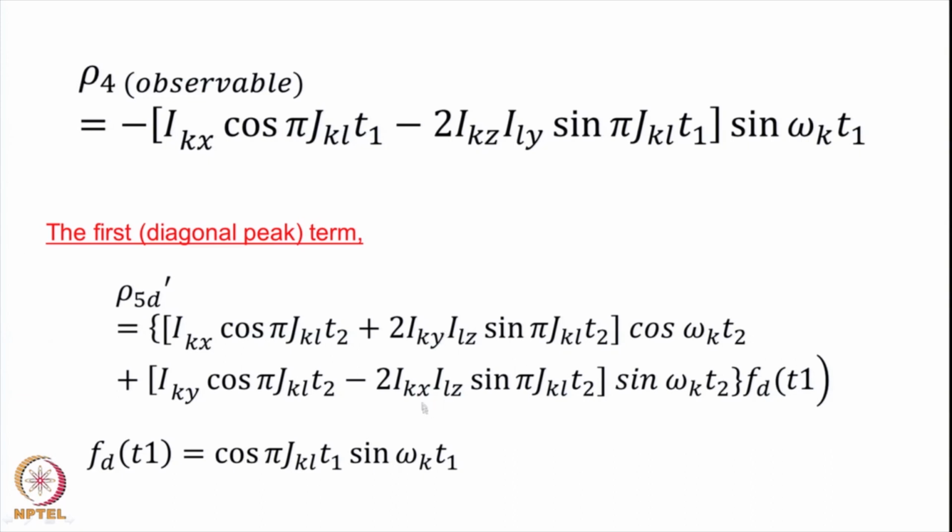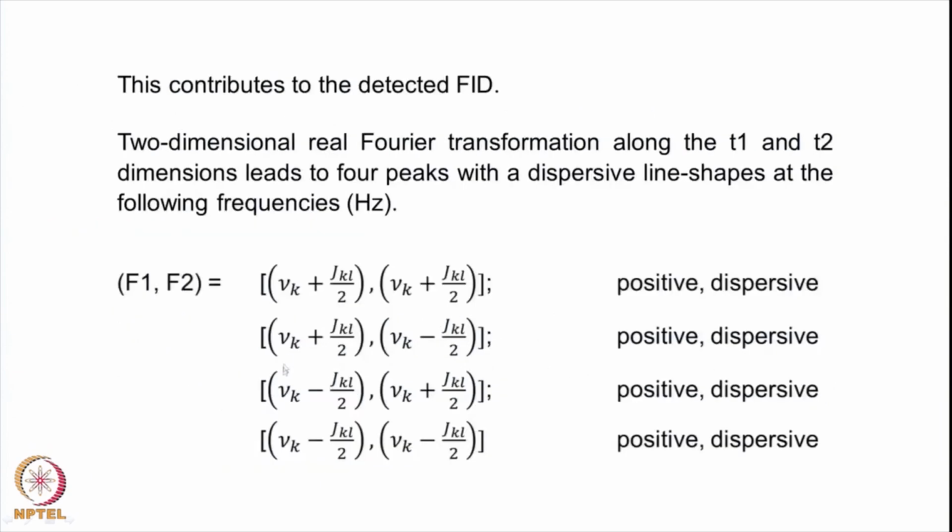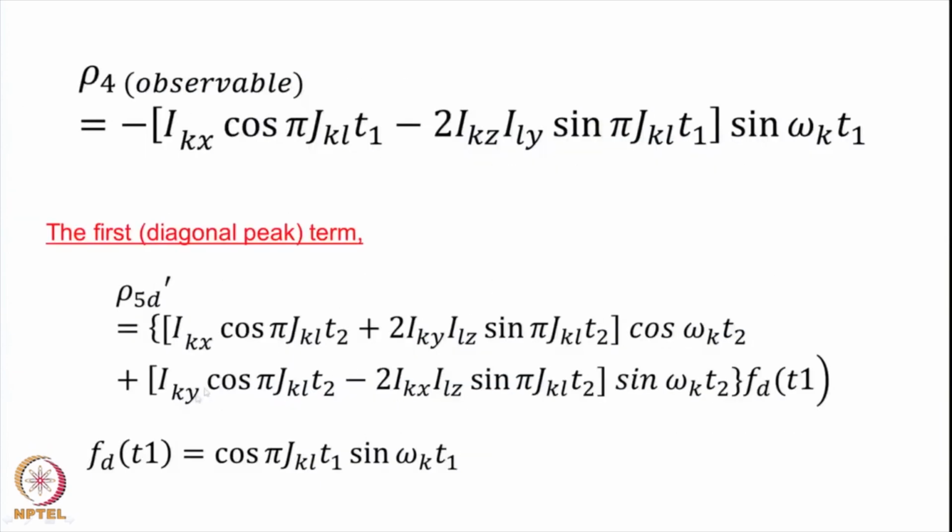Now, some of these terms are not observable because this is antiphase magnetization. The antiphase magnetization is not observable, therefore, we will restrict it to only this or this. So, assuming that we record the Y magnetization, then we will only have this particular term Iky cosine pi jkl T2 sin omega k T2 into FDT1, and FDT1 is cosine pi jkl T1 sin omega k T1.